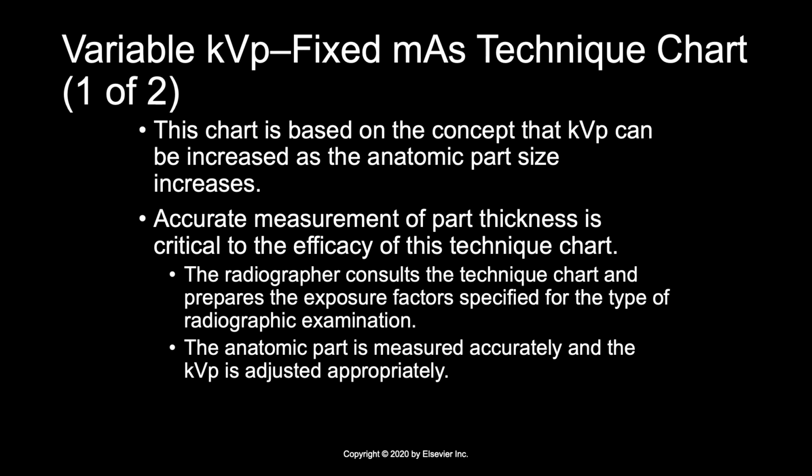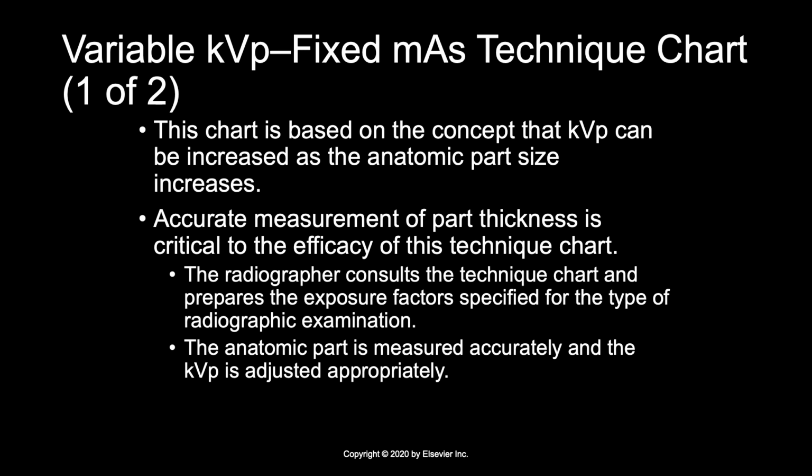It's not increased or decreased. The baseline KVP is the original KVP predetermined for the anatomic area to be radiographed. The baseline KVP is then adjusted for changes in part thickness.